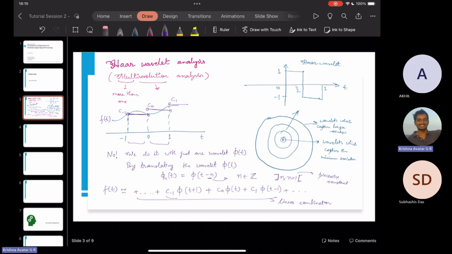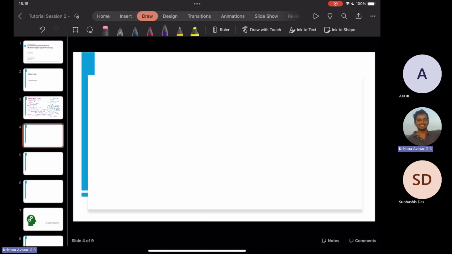So first of all, let's define this set as the space spanned by this wavelet phi of t, such that V naught is equal to x of t, such that x is an element of L2(R).